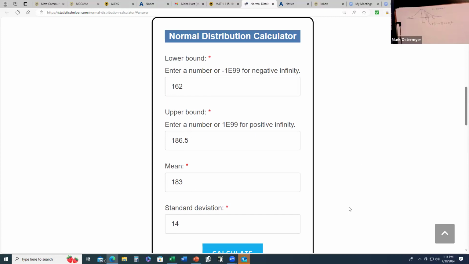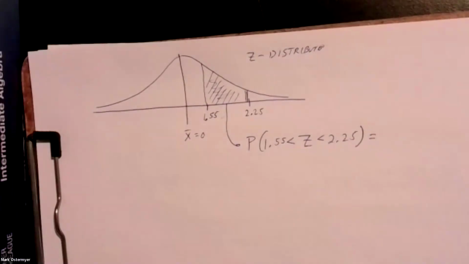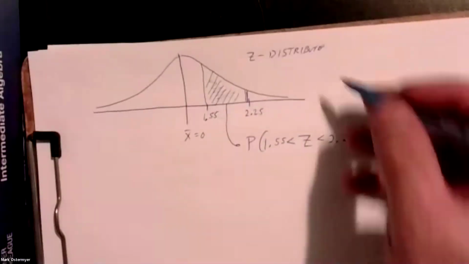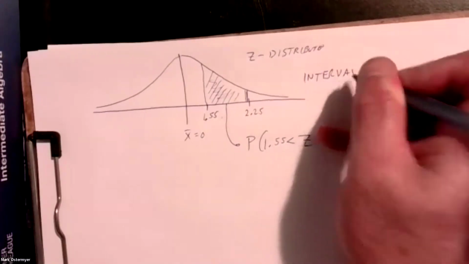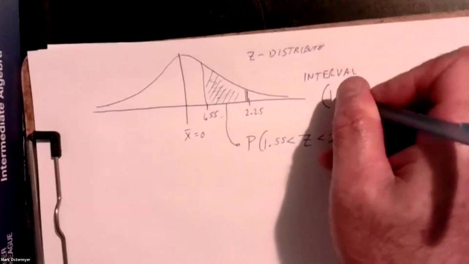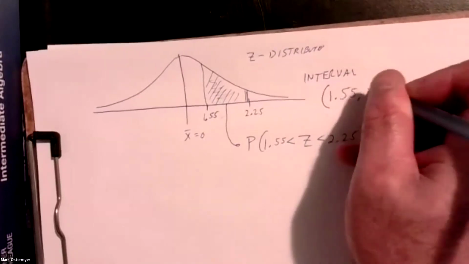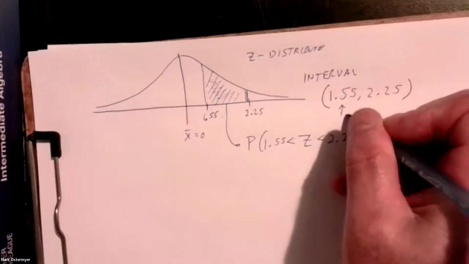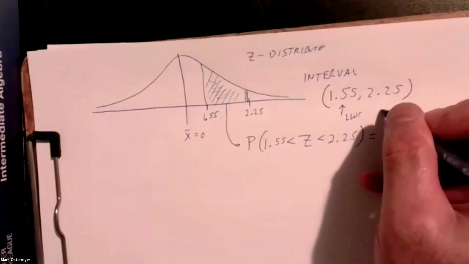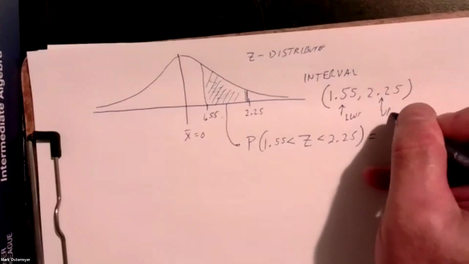So what is the interval of interest for us wanting to compute this area or this probability? Well, the interval has a lower bound of 1.55 and an upper bound of 2.25. So this is going to be your lower bound, and this is going to be your upper endpoint or upper bound.